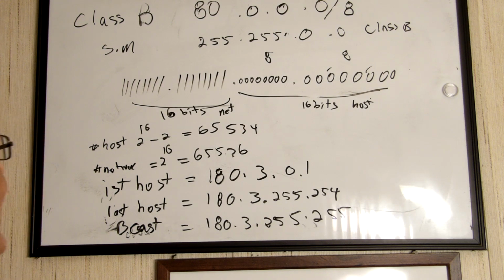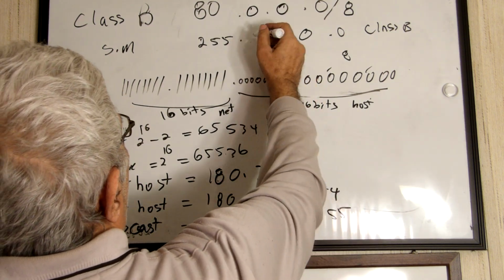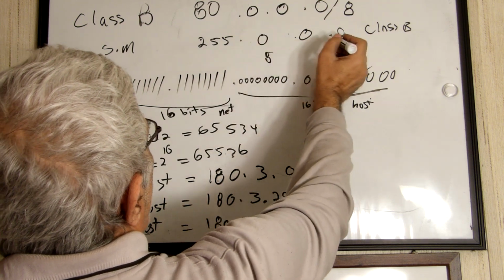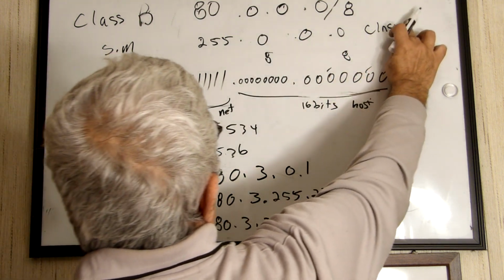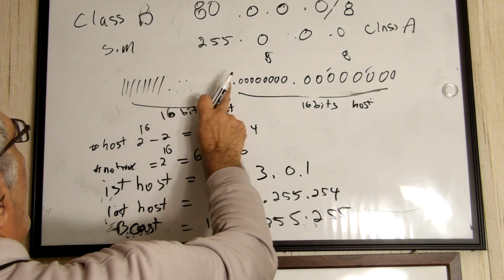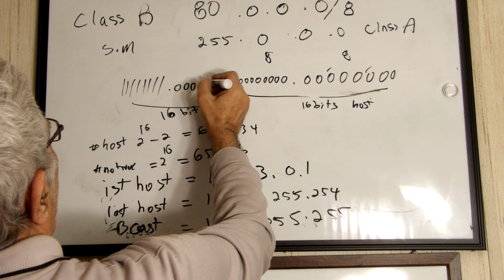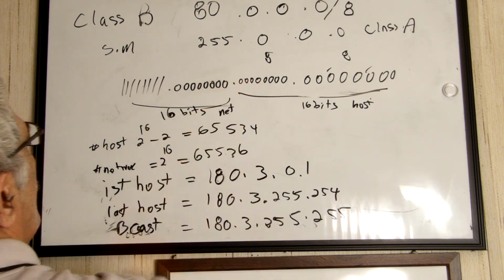But for Class A, we only have 255.0.0.0.